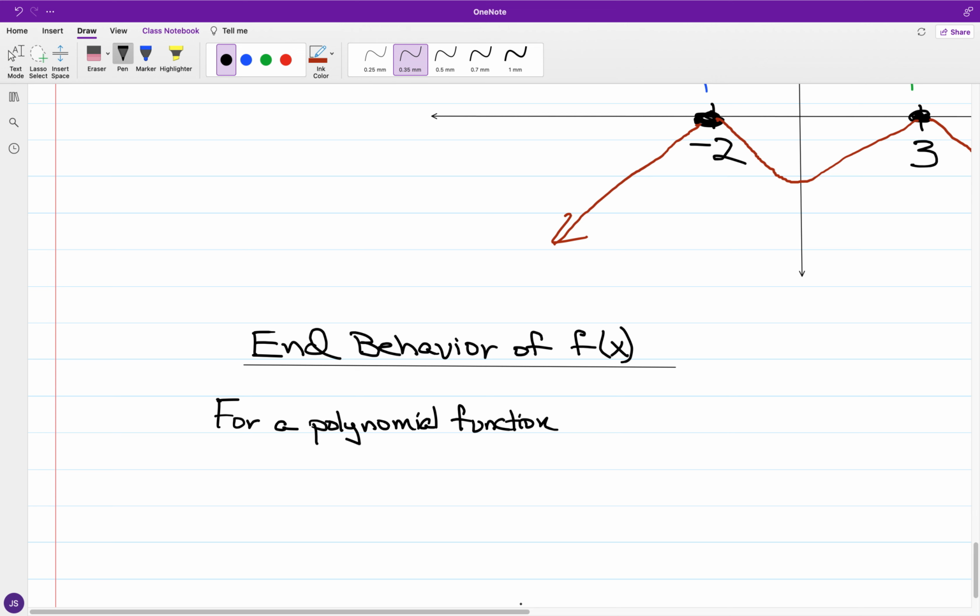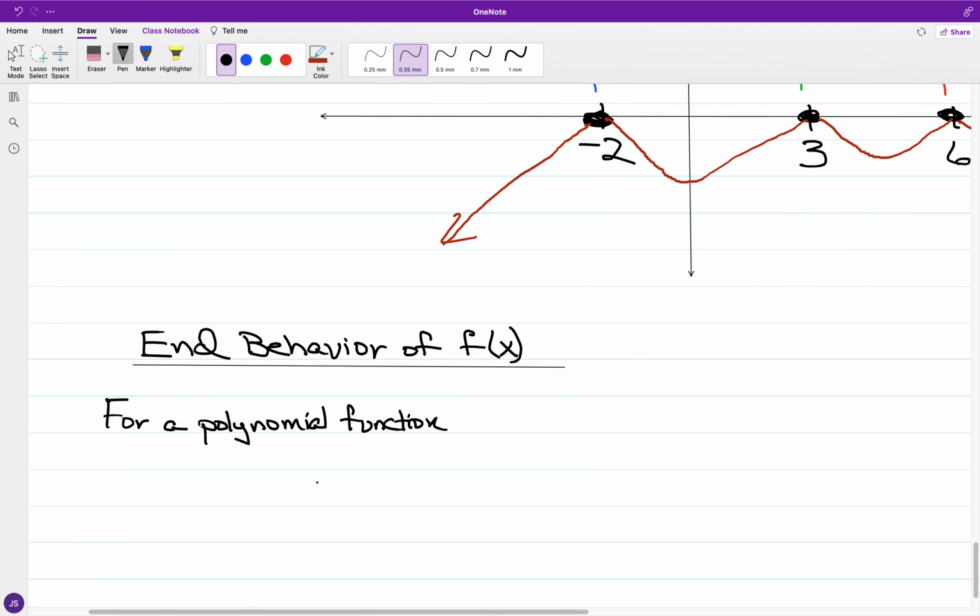Okay, so you have a polynomial function f of x equal to a of n times x to the n plus a of n minus 1 times x to the n minus 1, and so on.